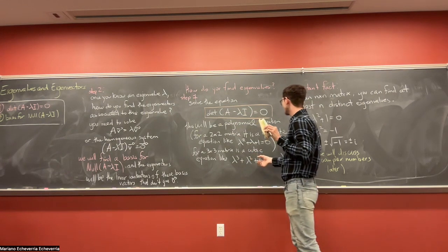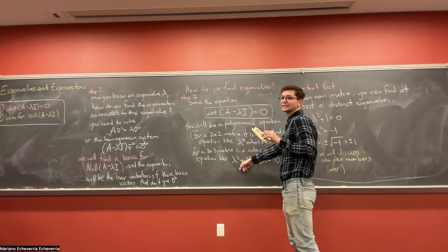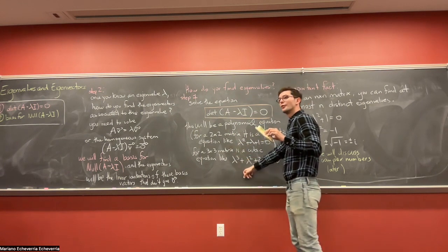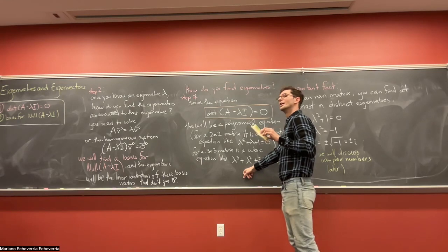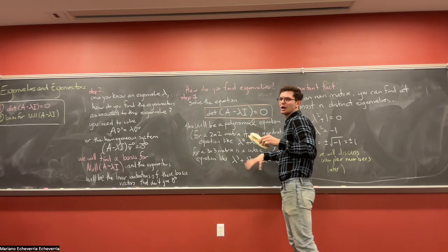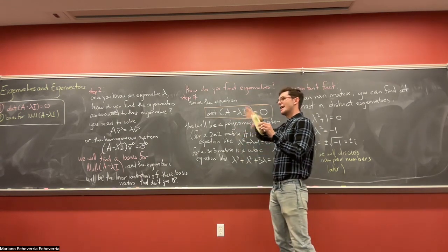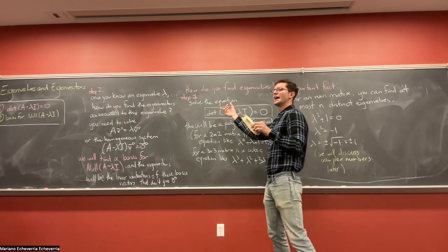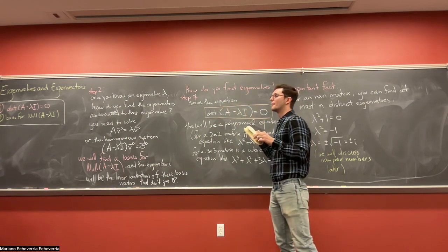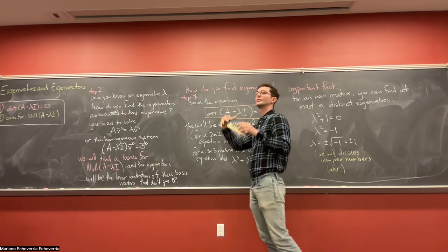What mattered is that for the 2x2, it will always start with lambda squared, for the 3x3 it will always start with lambda cubed, and if it's 4x4, it will start with lambda to the 4, and so on. What comes after that is just random numbers. What's important is that if the size is n by n, it starts with lambda to the n, meaning the degree of the polynomial is the same as the size of the matrix, if that makes sense.